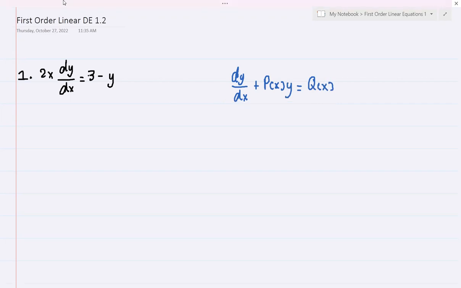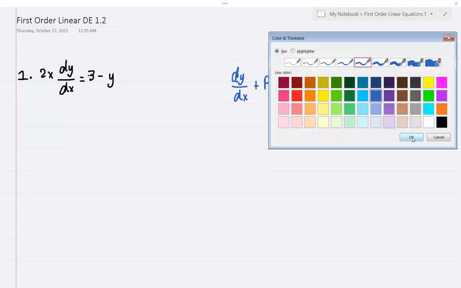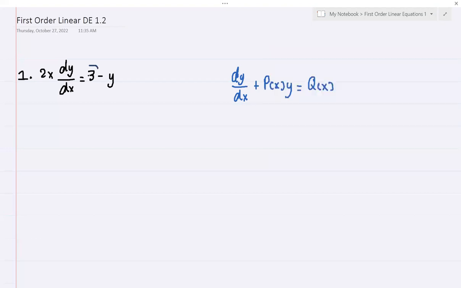Okay, so first, what I'm going to do is I'll transpose y to the left side, since a term that has a y variable should be grouped with dy all over dx.